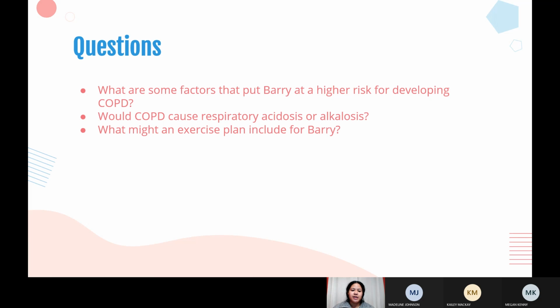What might an exercise plan include for Barry? So exercising is very important because we want them to be able to maintain their ADLs, but it is very specific to each individual patient. There is a test called, I believe it's the 6-minute walking test, and they have to try and get to about 300 meters within the 6 minutes.